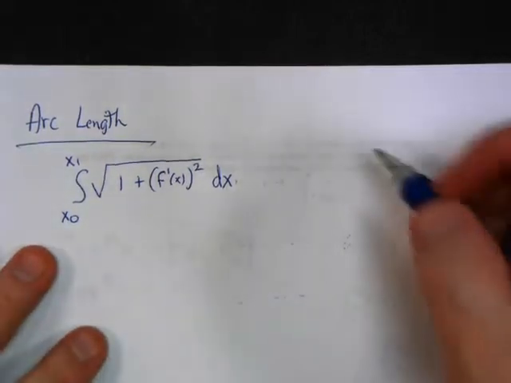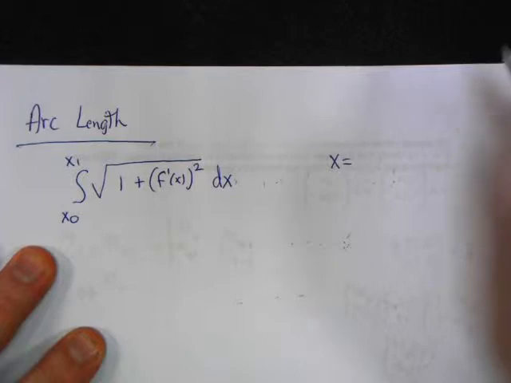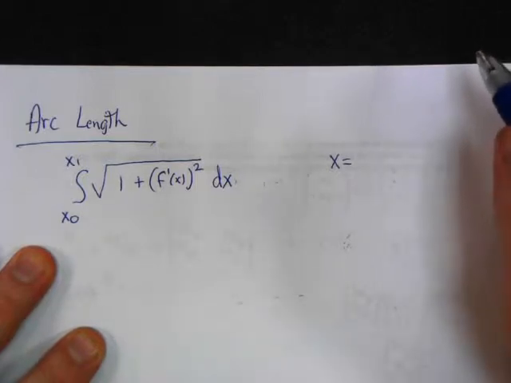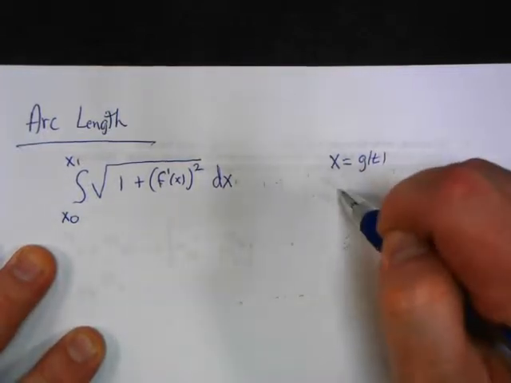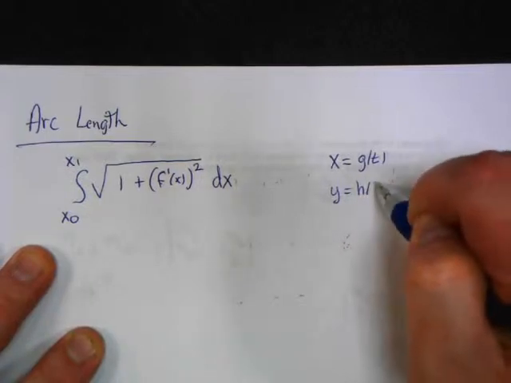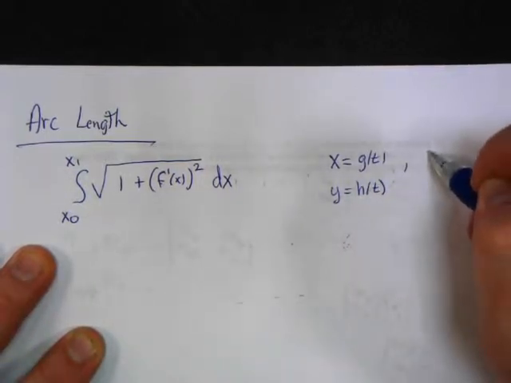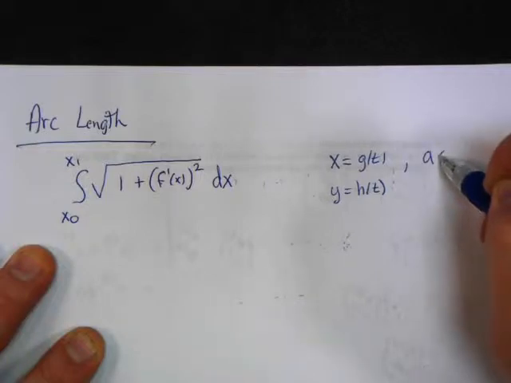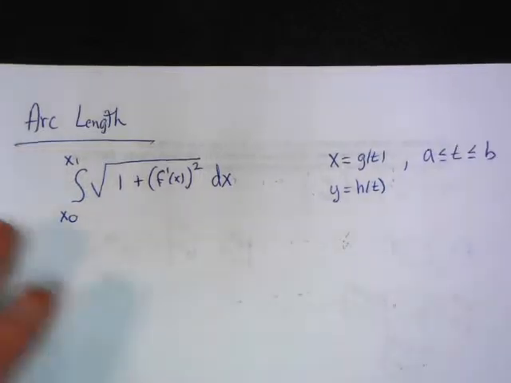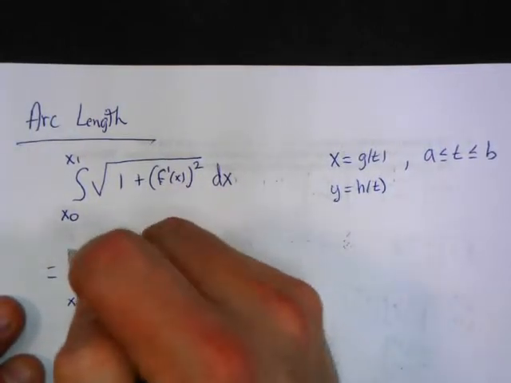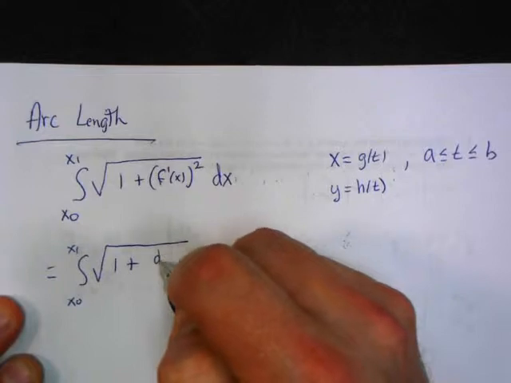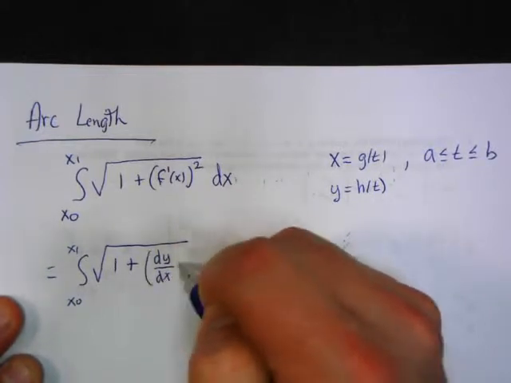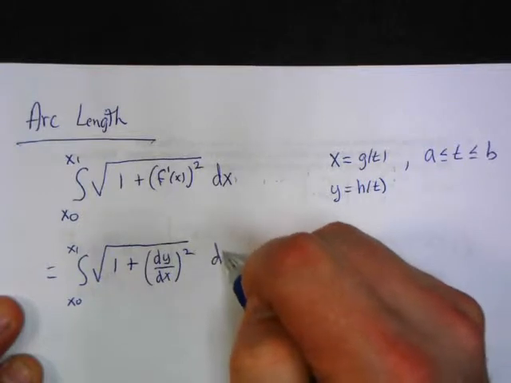All right. So again, let's say we have our function in parametric form. I don't want to use f because I already used f there. So I'll use g of t and h of t, and we're going from some domain, 0 less than or equal to t, less than or equal to b. Well, this would be the integral from x0 to x1 of the square root of 1 plus dy/dx squared dx.